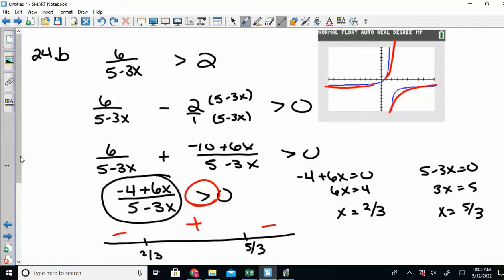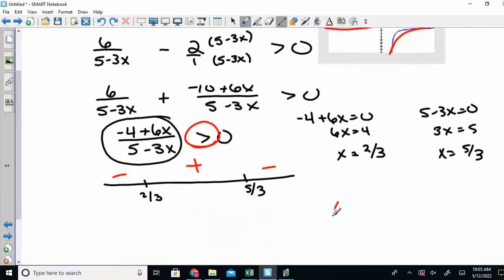So greater than would be positives. There's no equal to, so everything gets a parenthesis. So my positive section was just between 2/3 and 5/3. Is that one okay?